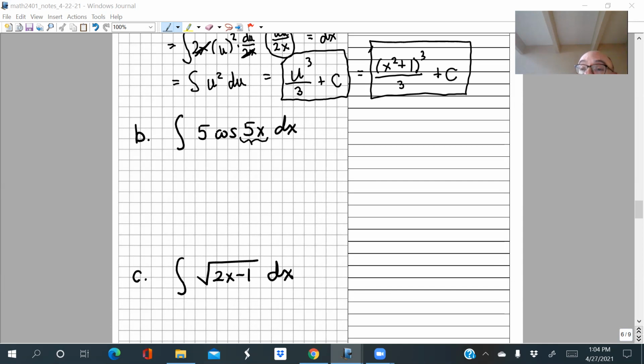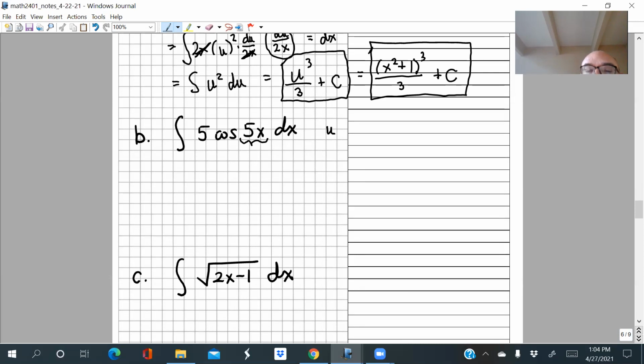So the way you start the substitution is pick u. It doesn't have to be u. You could use z or some other variable, but the usual choice there is u, all right? Let u be equal to that expression. Since we had cosine of 5x, we'll let u be equal to the 5x.